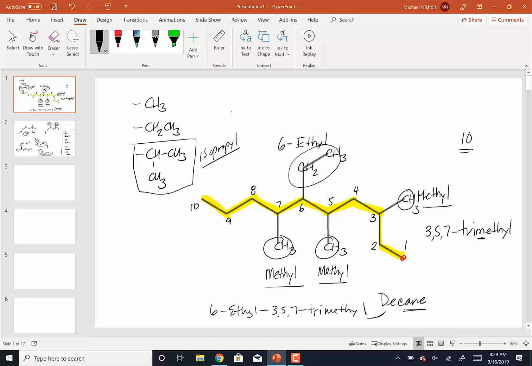The common names that were in that listing of common names: methyl, ethyl, propyl, isopropyl, sec-butyl, tert-butyl, isobutyl. In the old system, those were what were called common names.